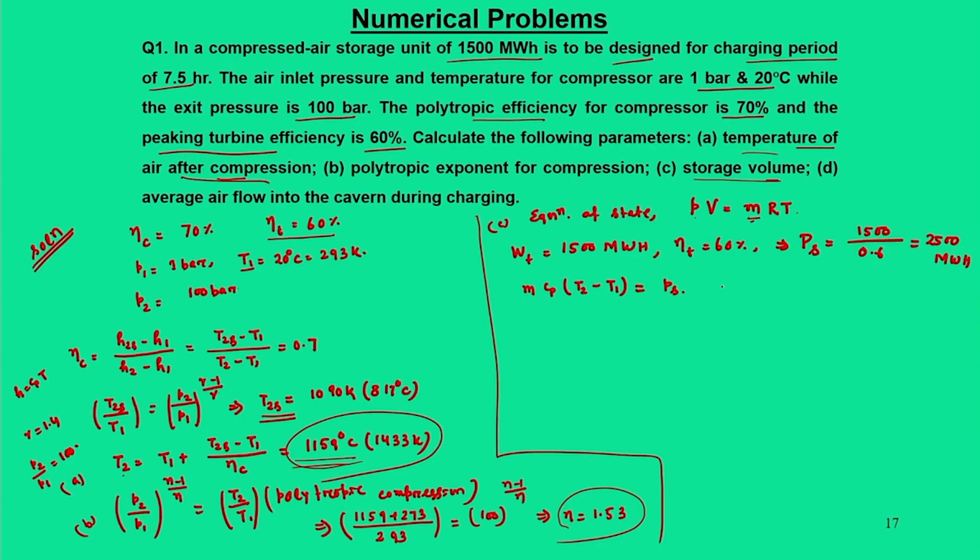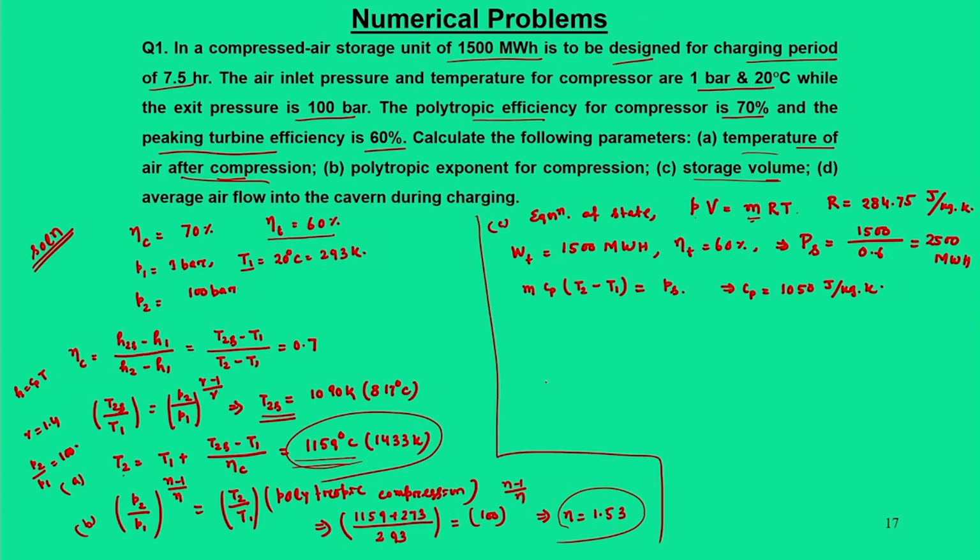So, for this case the variation of Cp can be assumed to be 1050 joule per kg Kelvin. Also, R is equal to 284.75 joule per kg Kelvin. This data can be obtained from any of the conventional thermodynamics books.